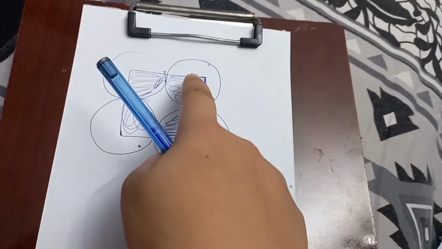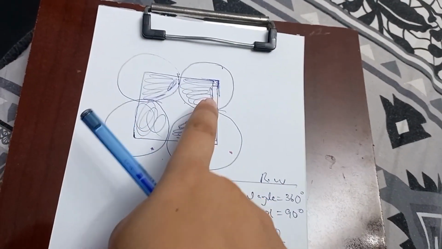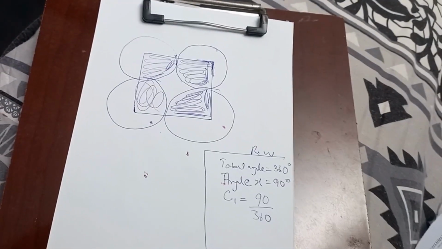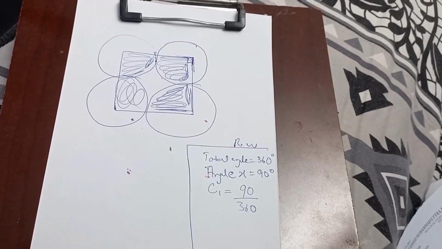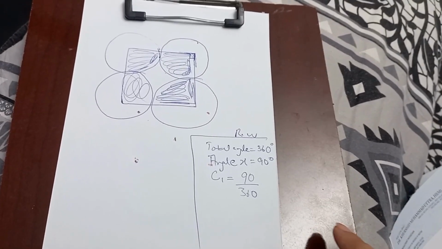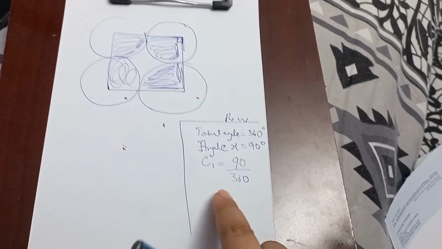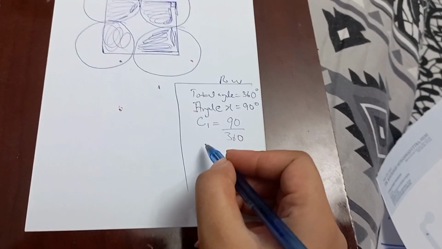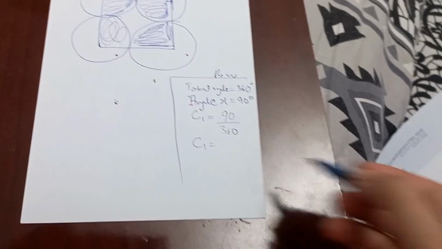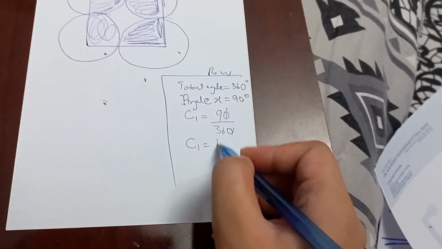Not always is this angle 90, it becomes different for different planes. You will see later on when we do it for the 111 plane, the benefit of using this method. It makes the calculation so easy. So it equals 1 by 4.